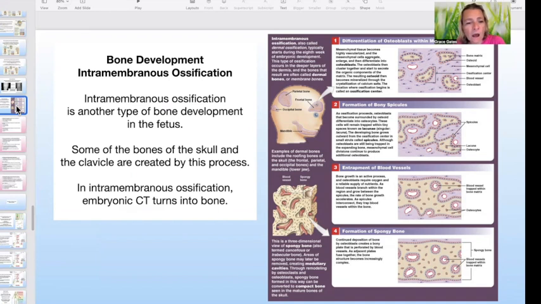We are not going to learn about intramembranous ossification because it only occurs in some bones of the skull and in the clavicle. But if you would like, you can read what Martini has to say about it in the figure on the right.